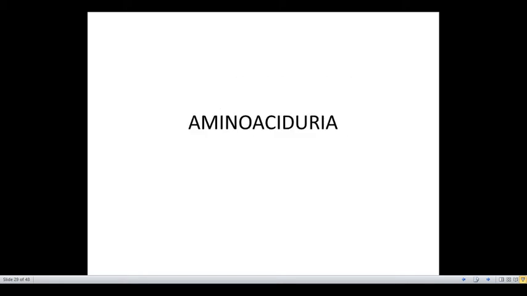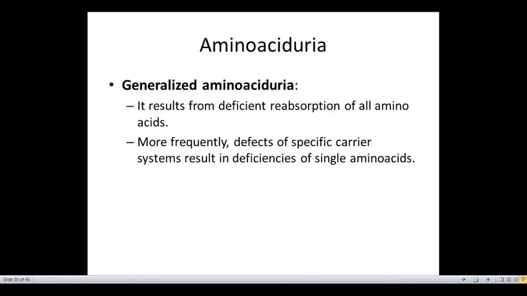Amino aciduria is failure of the kidneys to reabsorb amino acids. Amino aciduria may be generalized, which results from deficient reabsorption of all amino acids.